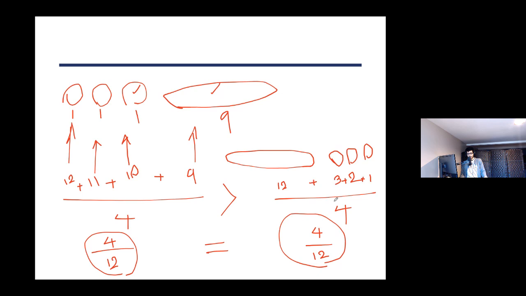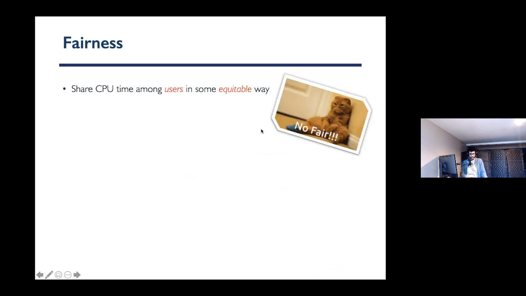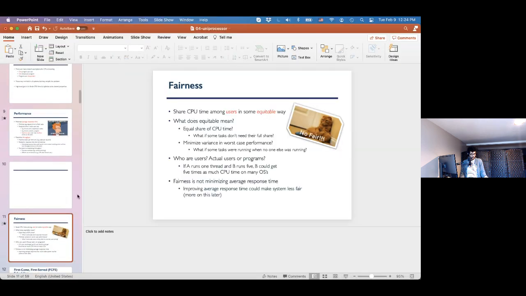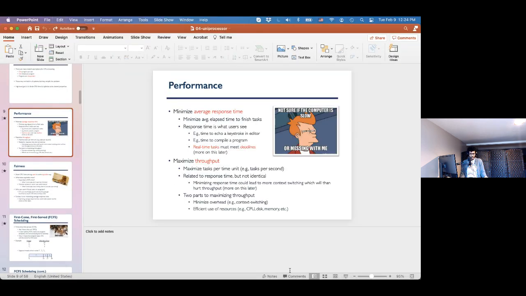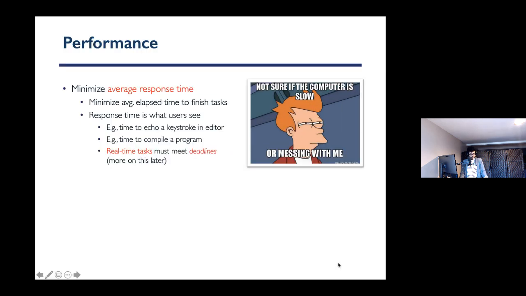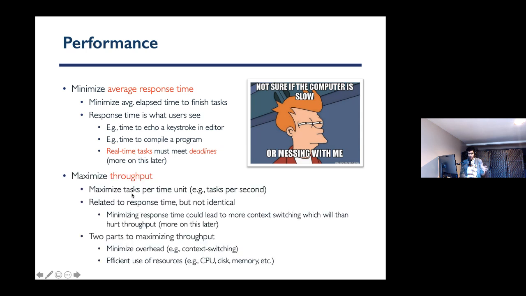However, I have improved response time by just doing this. Hopefully that makes sense. Okay, so anyways, the point being that these two are related, but not directly, as you just saw in that example.